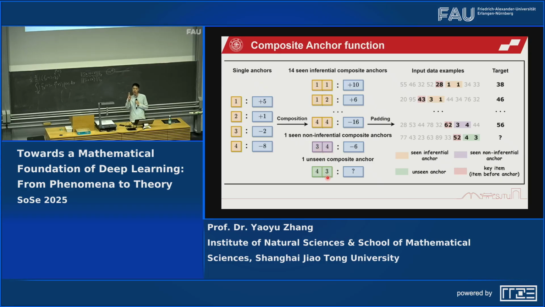There are two possibilities. One is to learn the composition rule and learn that 1 means +5 and 2 means +1. The other is that, since you see there's a symmetry there, 1-2 is the same as 2-1, it assigns the operation it learned from 3-4 to this 4-3.